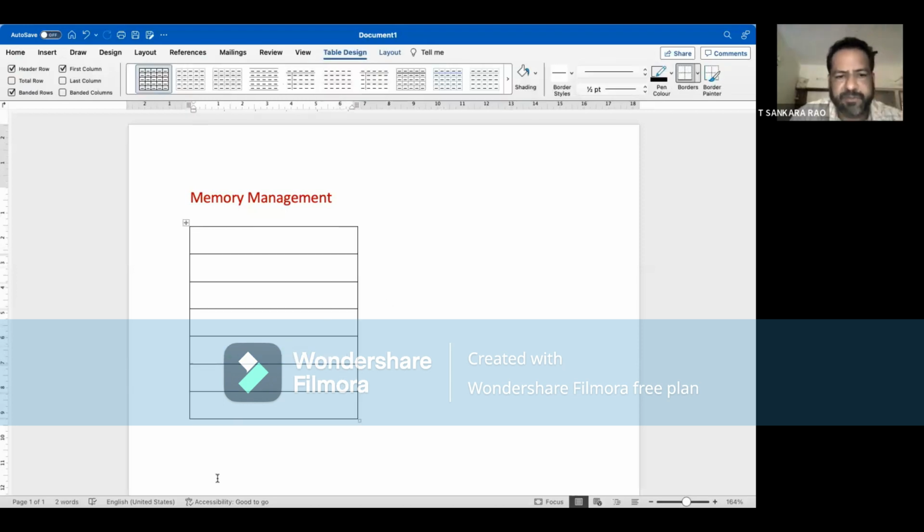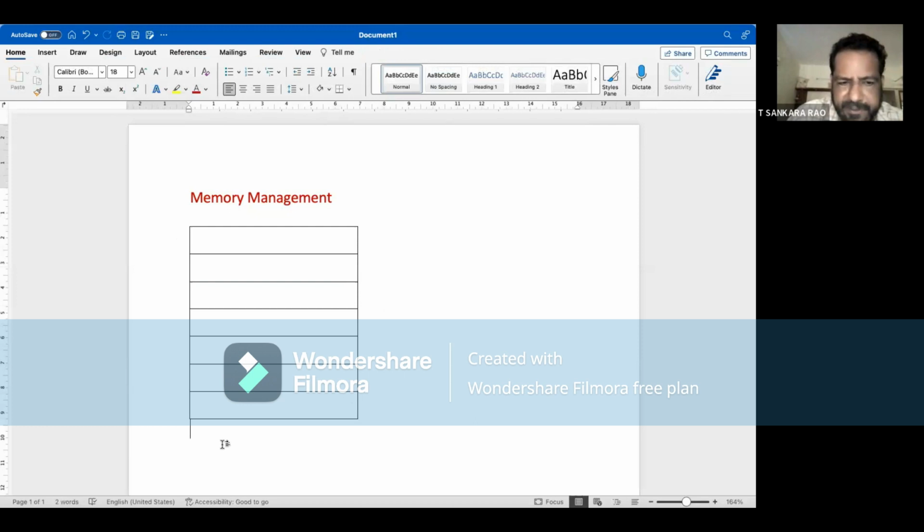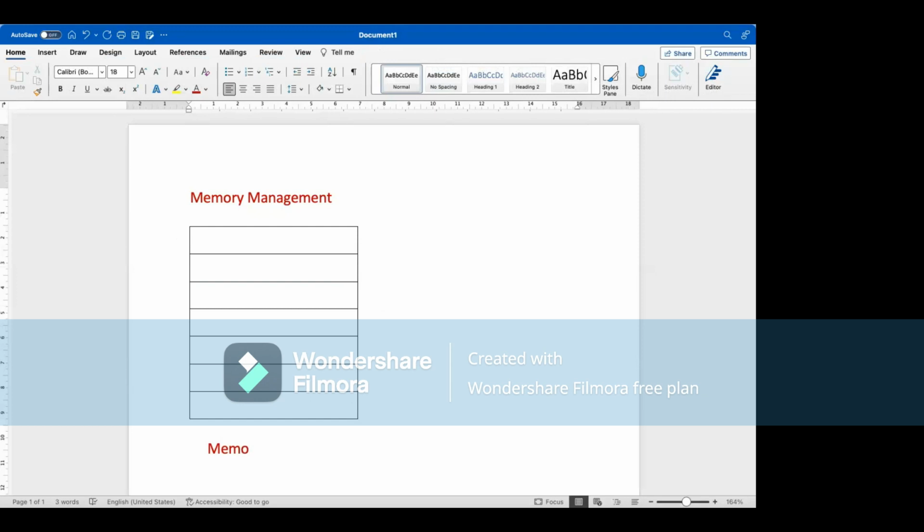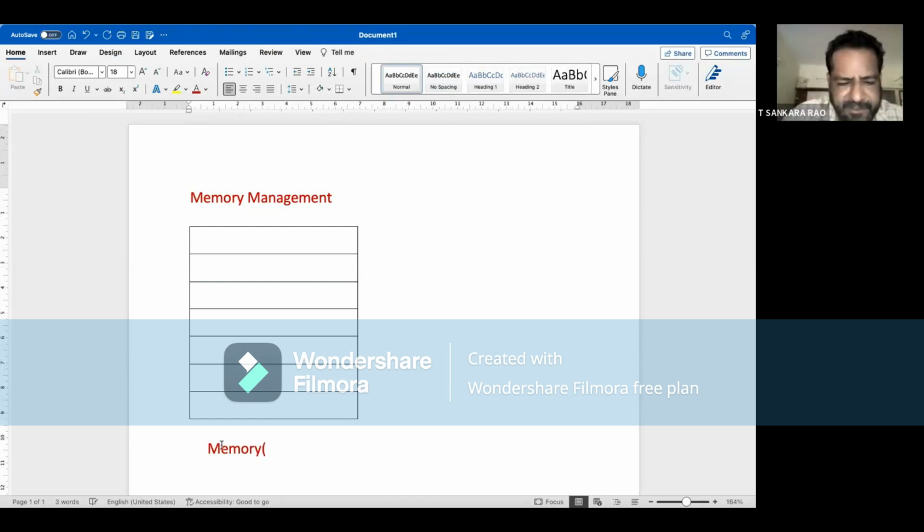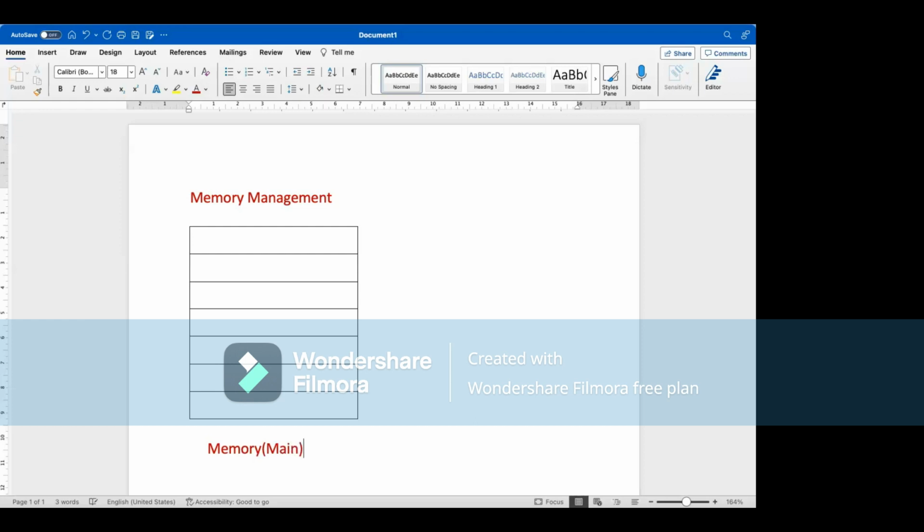Suppose this is the memory. As we already discussed, memory here always means main memory, RAM. So this is exclusively main memory management.